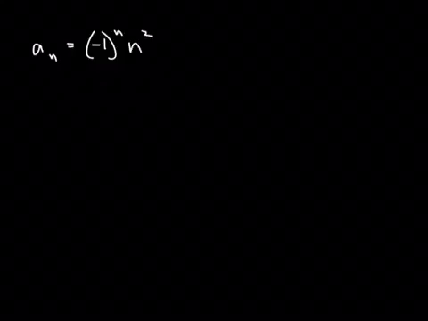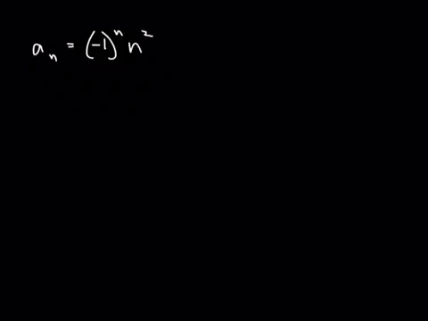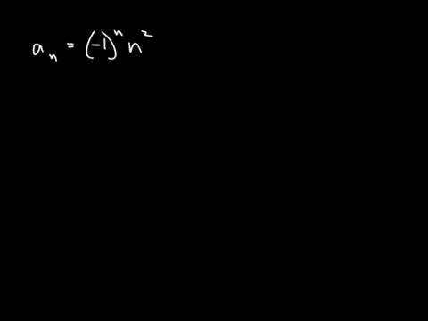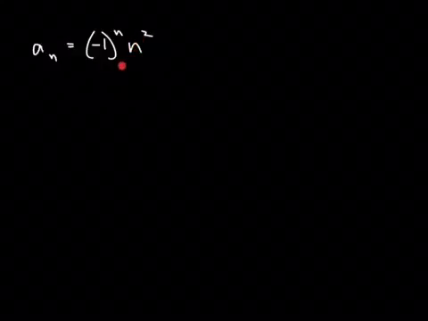All right, so example 1 says, find the first 4 terms and the 23rd term of the sequence whose general term is given by a sub n equals (-1) to the n times n squared. Let me show you something here. This (-1) to the n just changes the sign: positive, negative, positive, negative.